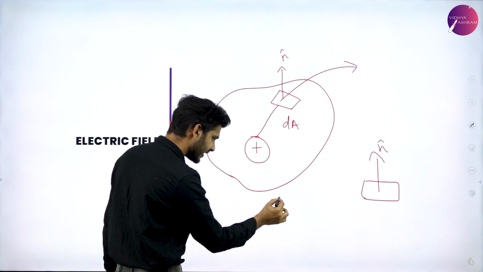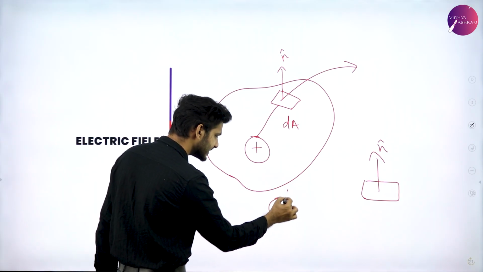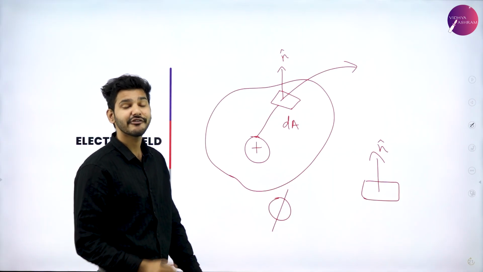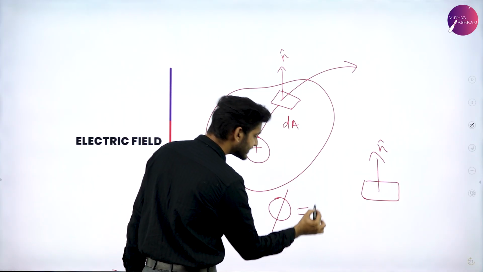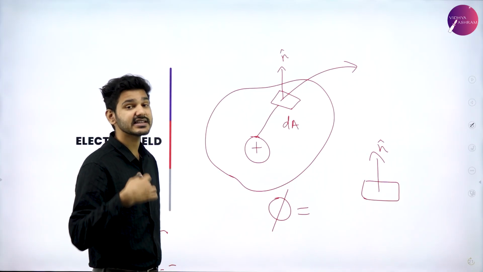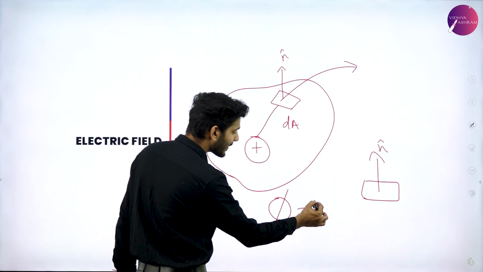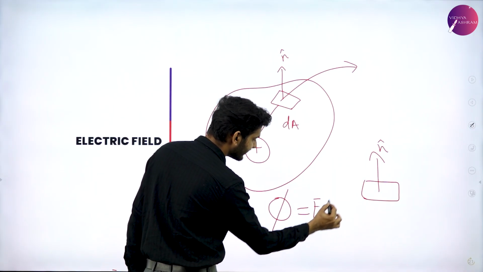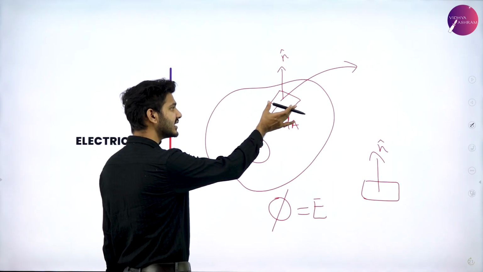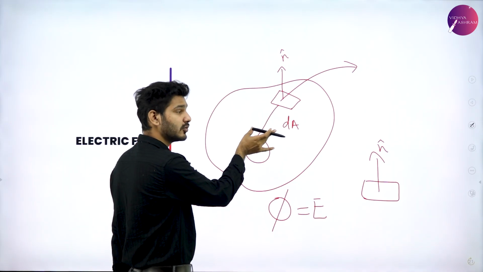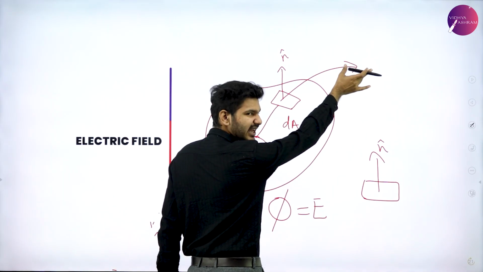So how do we define flux? Flux is denoted by the letter phi. This is a Greek letter. And phi is equal to the magnitude of the electric field, so how strong this electric field is. Near it will be stronger, here it will be even stronger, here it will be slightly weaker.